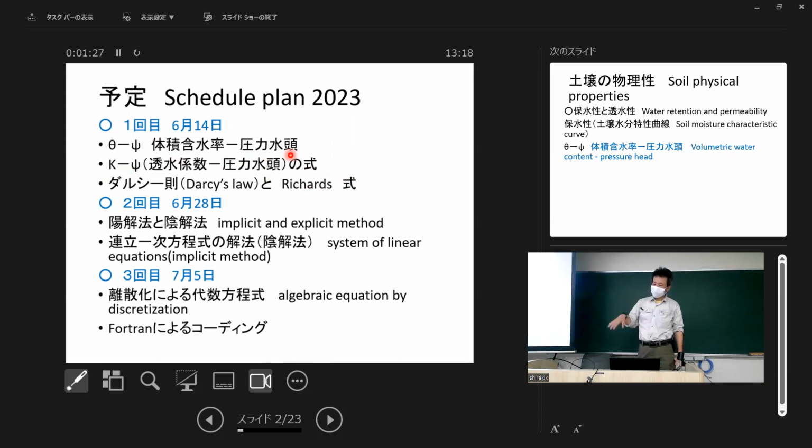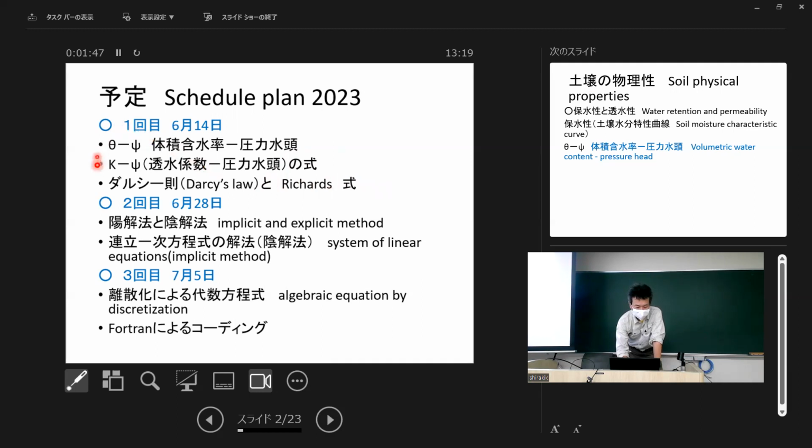That means the water content and the pressure head, and the permeability and the pressure head. Richards' equation is the most important equation for soil water movement in the soil.